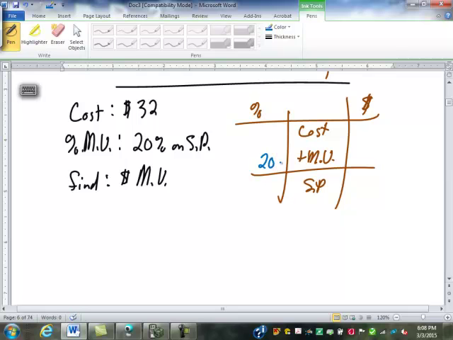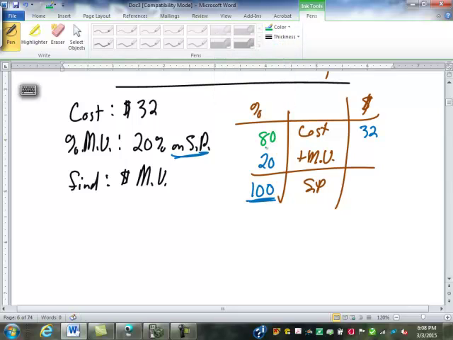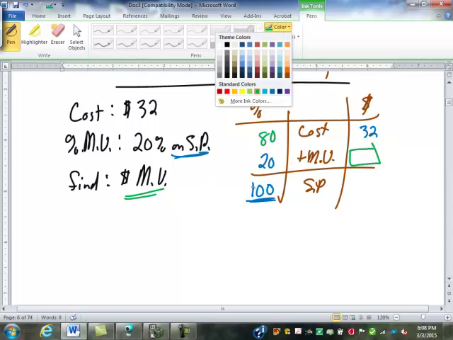The 100% goes with the selling price because this is based on selling price. Cost is 80, so the percent cost is going to be 80. Perfect, because 80 plus 20 equals 100. And then we're looking for dollar markup right there, so we don't need the bottom row.